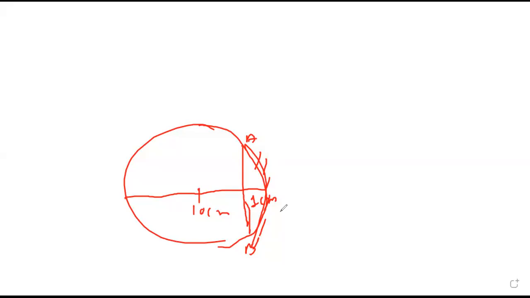Let me make it a little easier for you. This is 10. Values I'm changing so that you can manage it. This distance is 10.